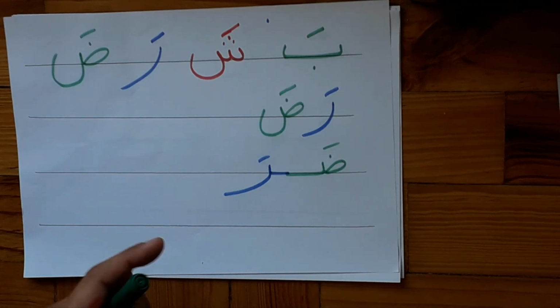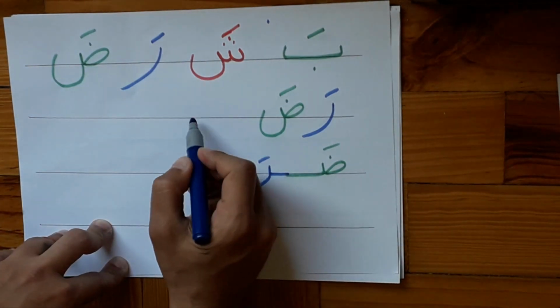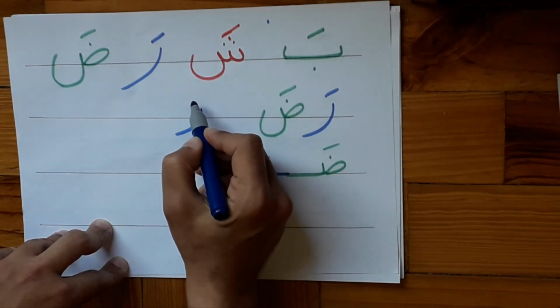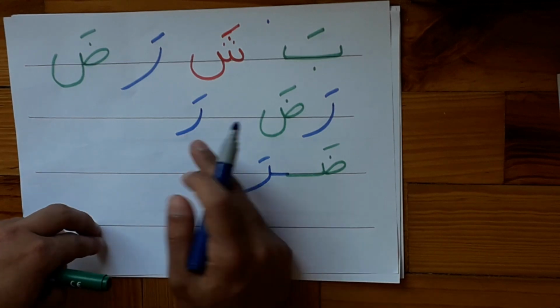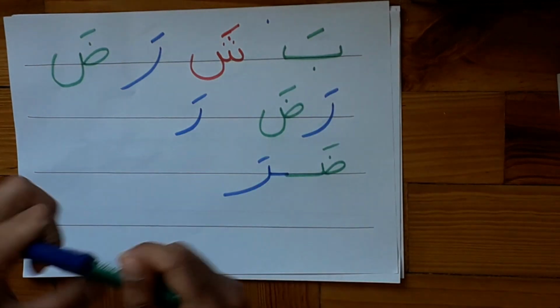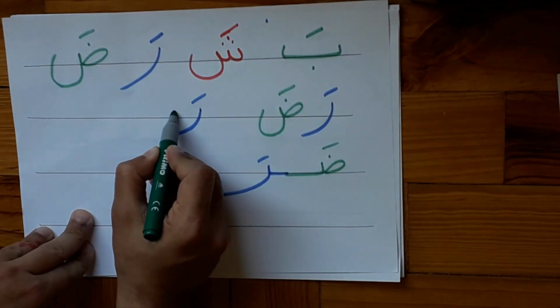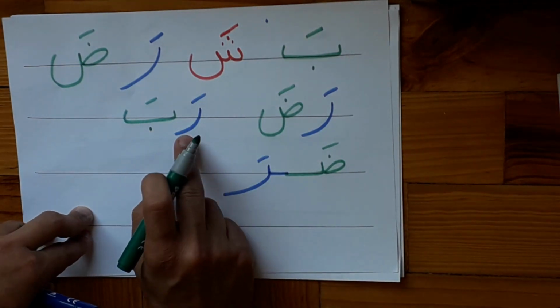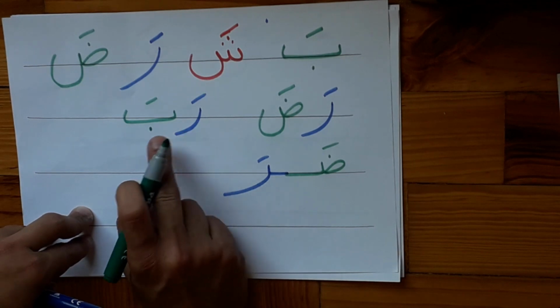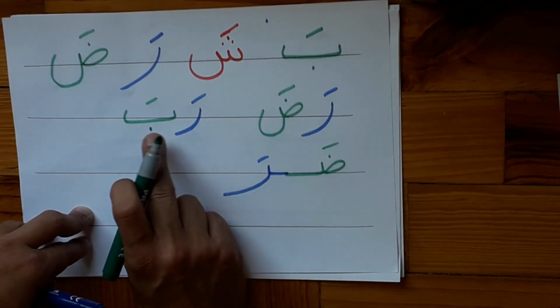Let's learn another word. Let's start with ra, and let's put ba. Ba, raba, ra, ba, raba.